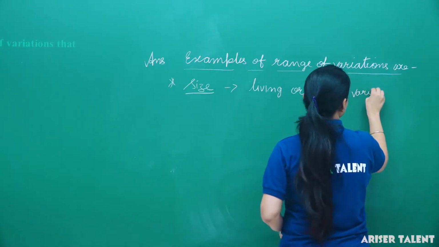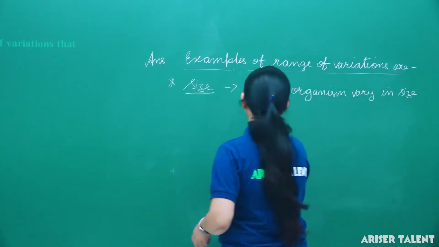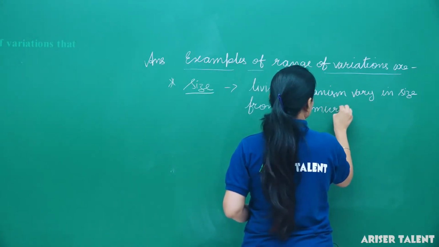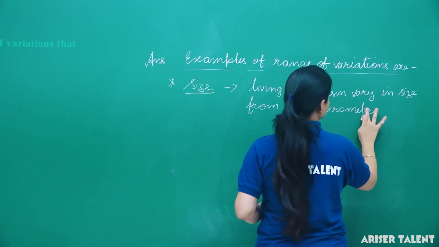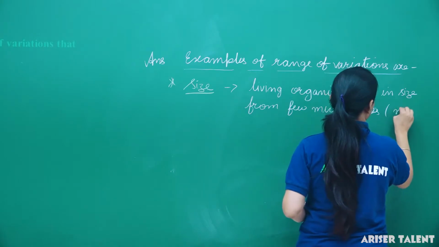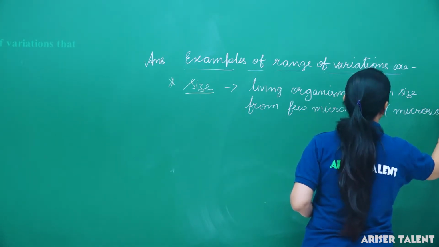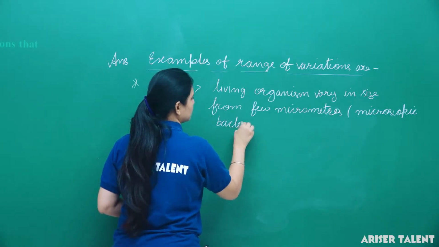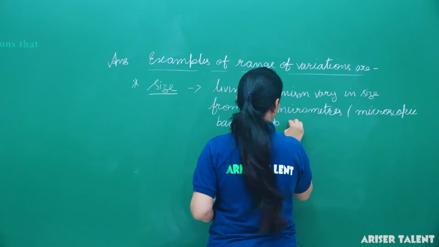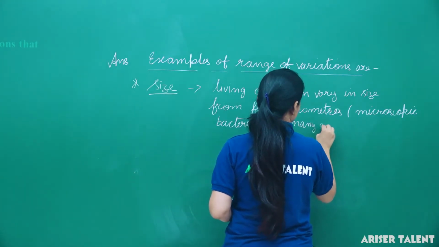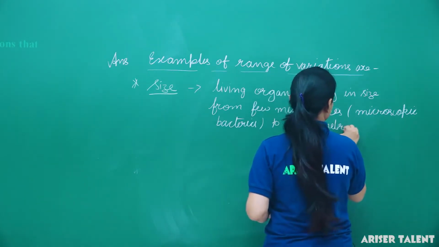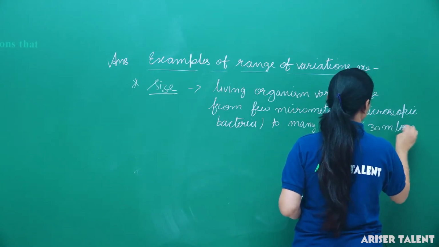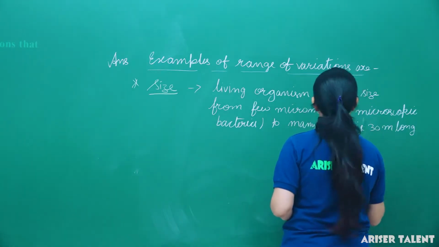So here we can say that living organisms vary in size from a few micrometers, like microscopic bacteria, to many meters, like 30 meters long.